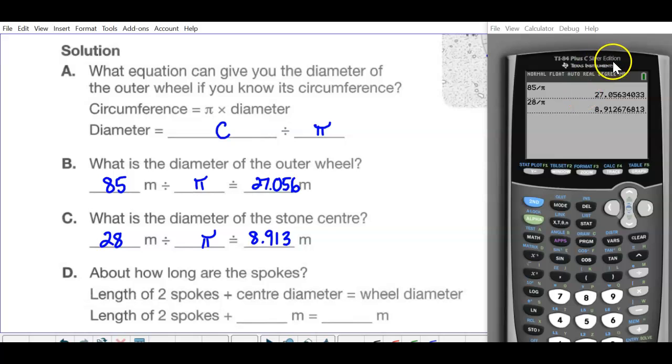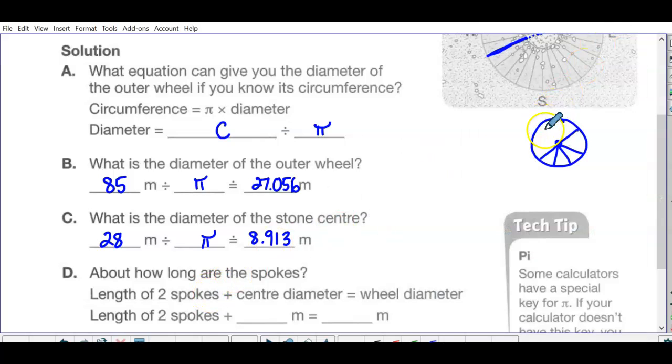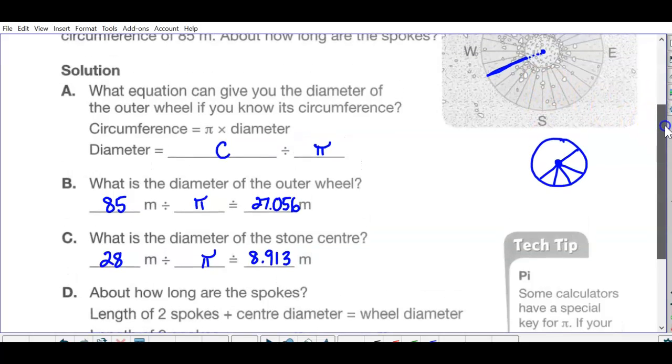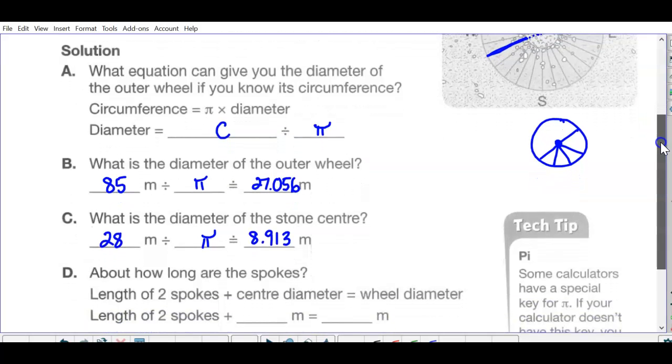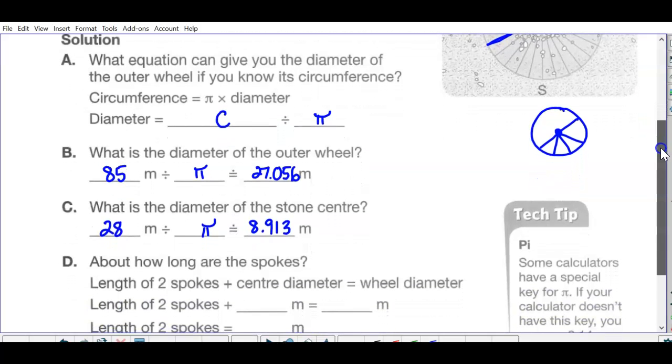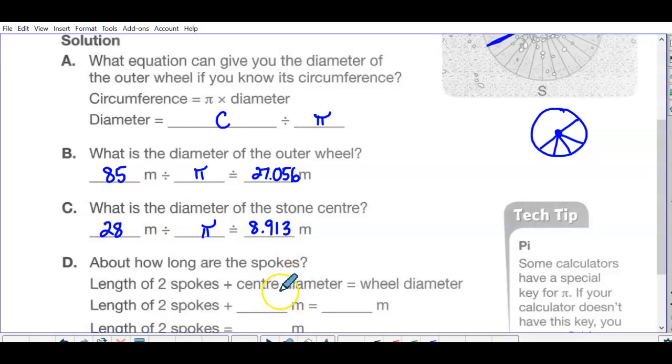So about how long are the spokes? The length of 2 spokes plus the center diameter will equal the wheel diameter. The center diameter we found was 8.913, and the whole diameter was 27.056.